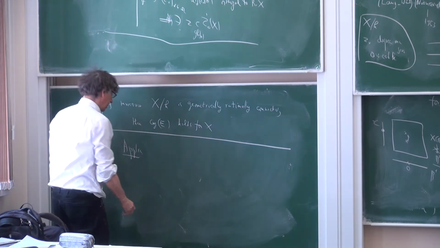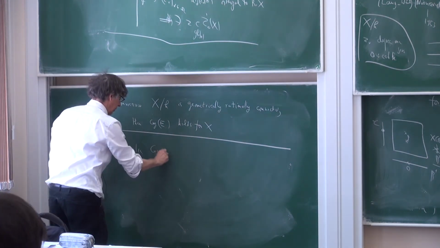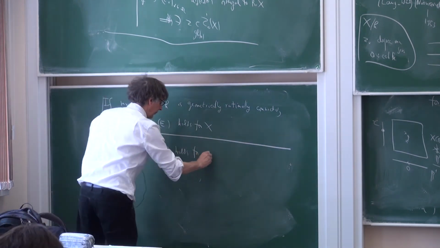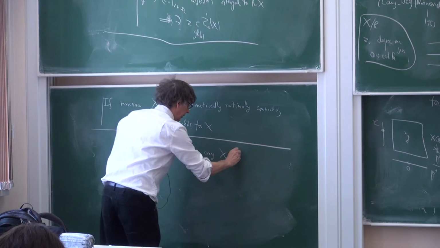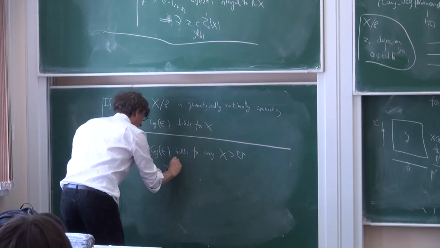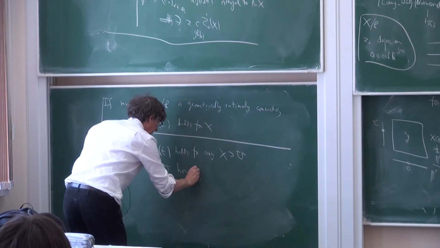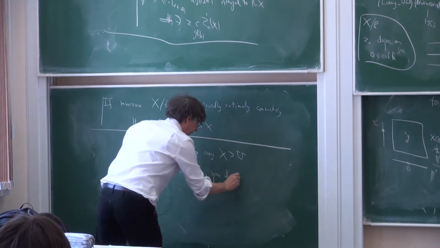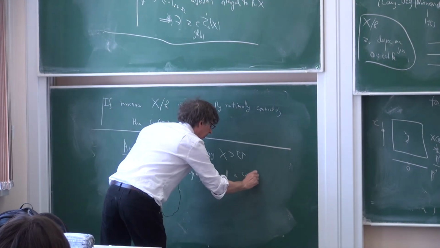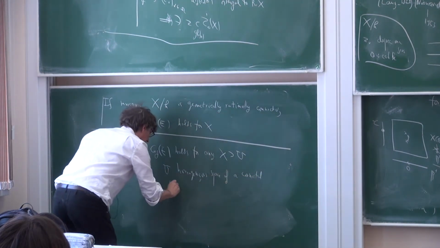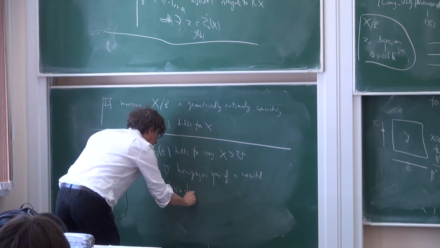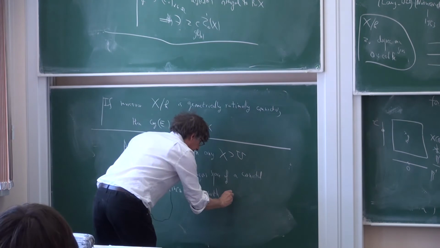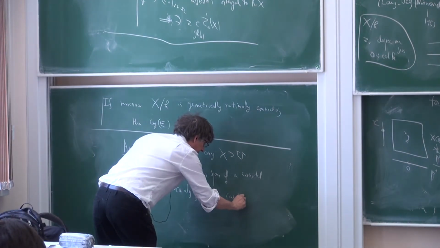Application. Conjecture E holds for any X containing U, where U is a homogeneous space of a connected linear algebraic group with connected geometric stabilizers, or connected isotropic groups.